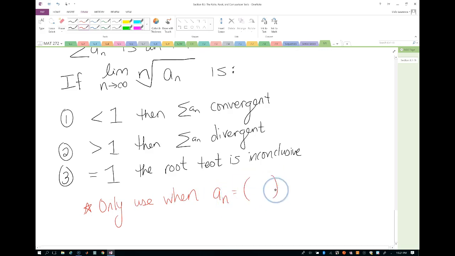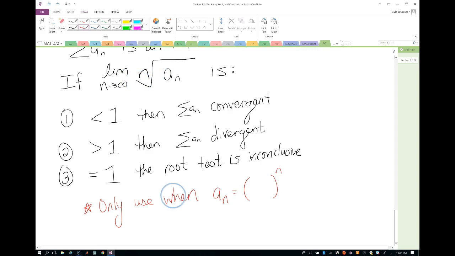So we've got something to the nth power. Then calculating that nth root will be really easy because the nth root and the nth power will cancel. If your series does not have an nth power on it, simplifying that nth root would be very, very difficult.